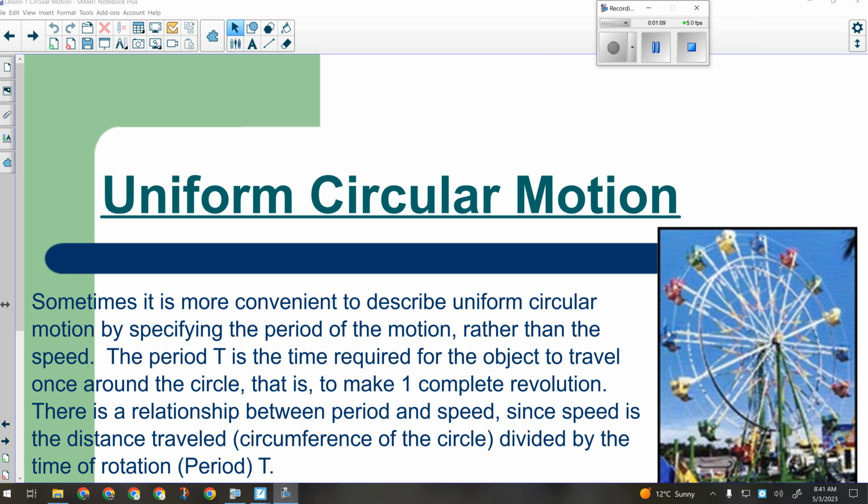But in the end, it is the net force that is pulling the object towards the center, because centripetal means center seeking, whereas centrifugal means center fleeing. And there really aren't any center fleeing forces, at least for a uniform circle. Now, if that centripetal force suddenly vanishes, what will happen to the object?